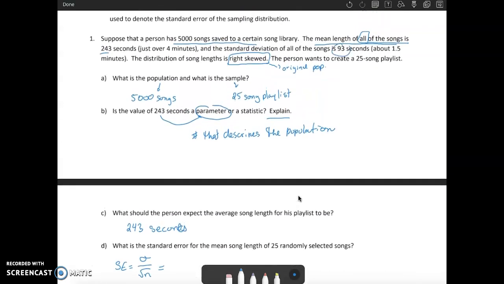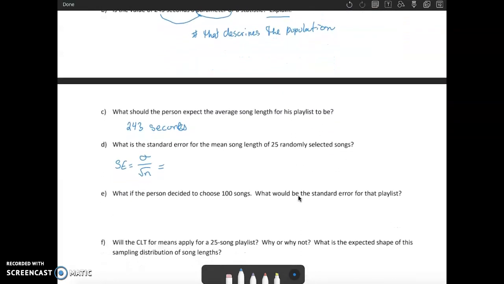Sigma in this case is 93. That's the standard deviation of all of the songs. And we divide that by the square root of the sample size, which is 25. So 93 over 5, and that divides out to approximately 18.6 seconds.